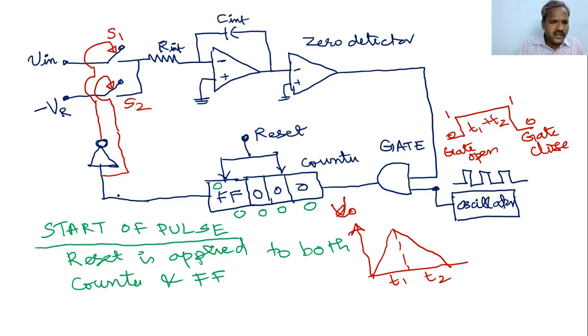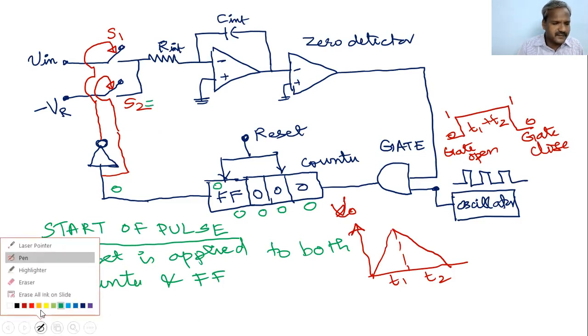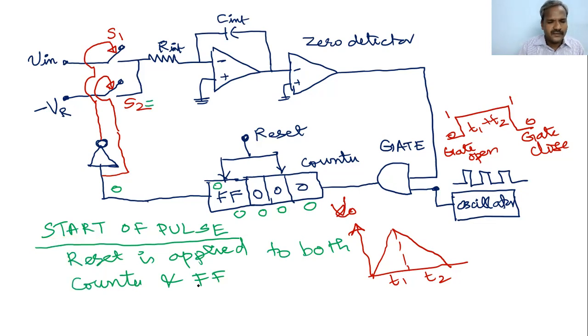So this zero from the flip-flop comes here. Since the zero is applied here, the S2 is open. So the memories of counter and flip-flop become 0, 0, 0, 0, right?